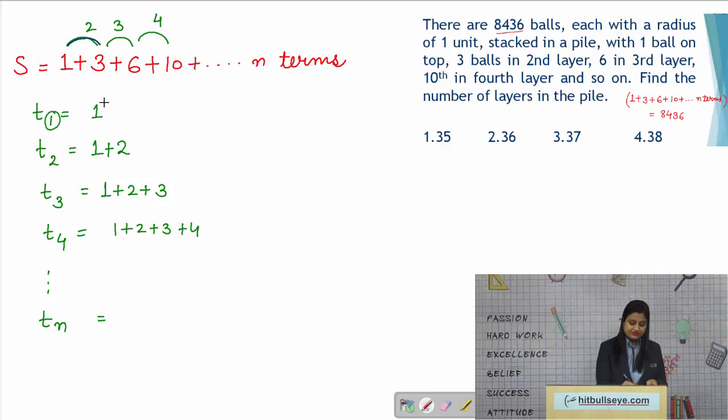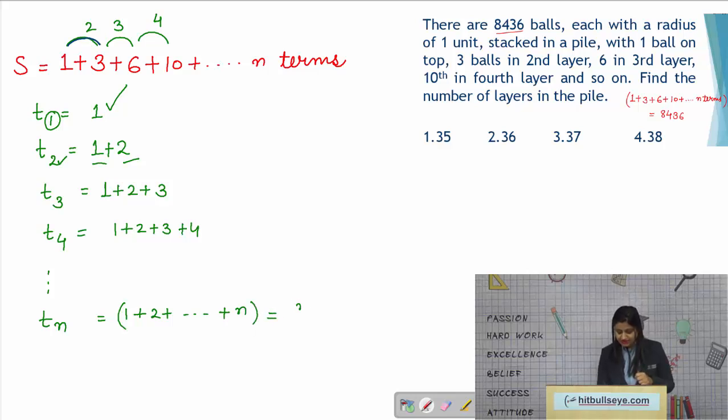See, in the first term we are taking only 1, in the second term we are taking 1 plus 2, and in the third term we are taking the sum of all natural numbers up to 3. In the fourth term we are taking the sum of natural numbers up to 4. So we can generalize that in Tn we will take the sum of the first n natural numbers.